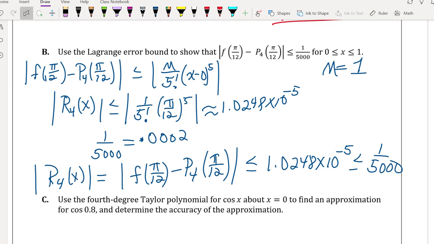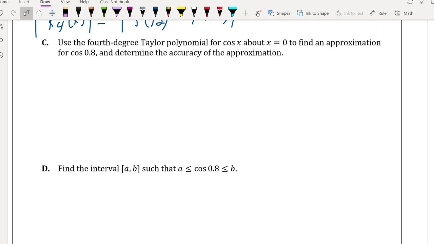Now what we're supposed to do is use the 4th degree Taylor polynomial for cosine about x equals 0, which is our Maclaurin, to find an approximation of cosine of 0.8 and determine the accuracy. It's very similar to the first couple parts. I'm going to use a T this time because we're using Taylor.